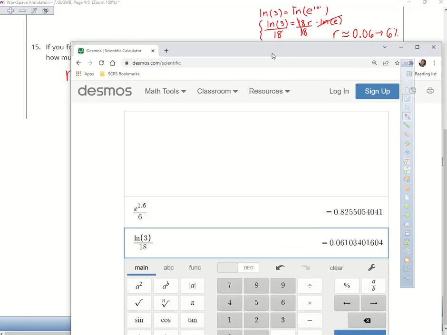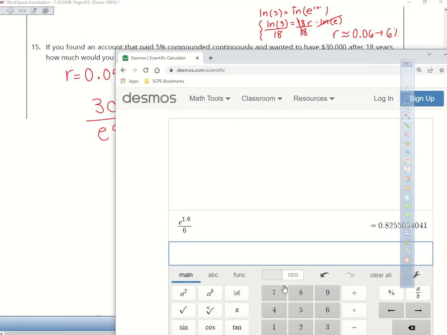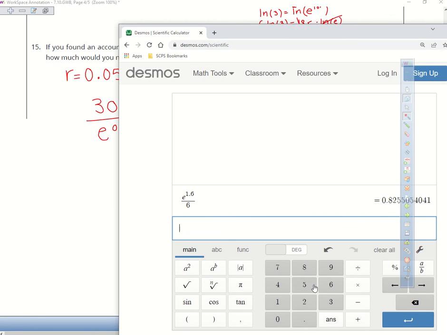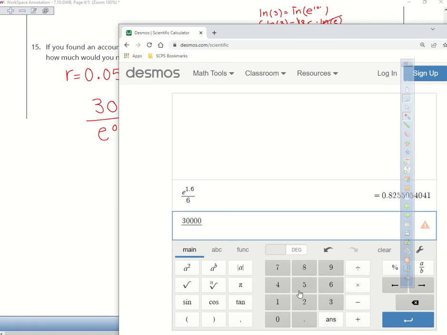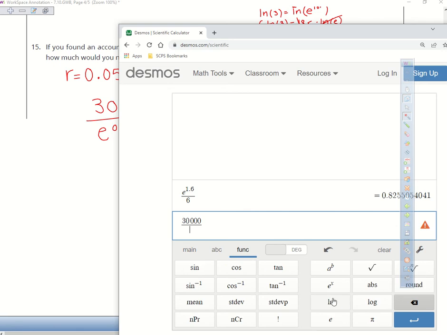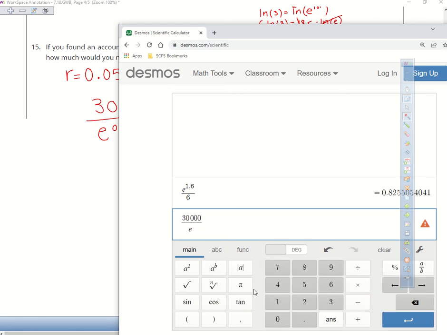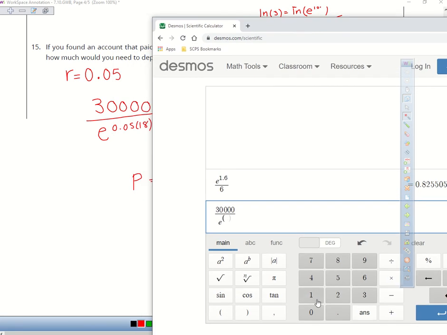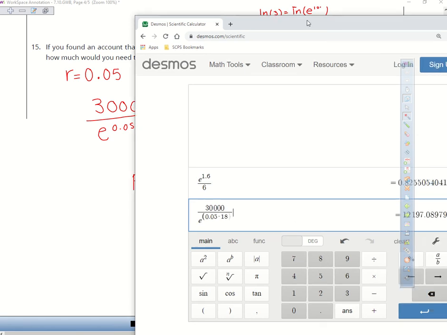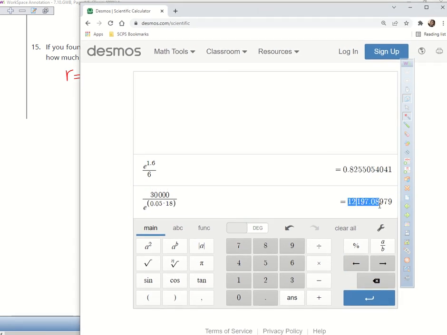So I go to my calculator and I clear it out and I type in 30,000 divided by e to the power of, I like to put parentheses when I have multiplication on an exponent, 0.05 times 18, and that's going to give me this amount right here, 12,197.9.